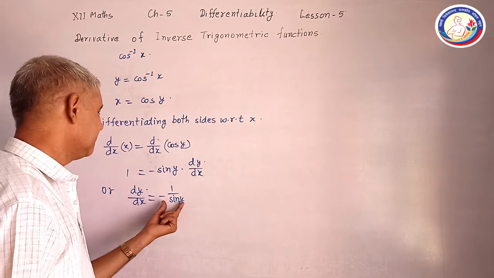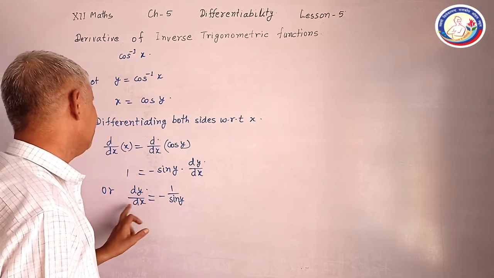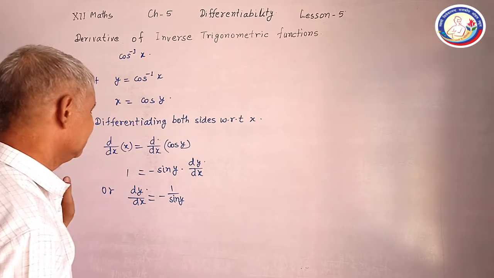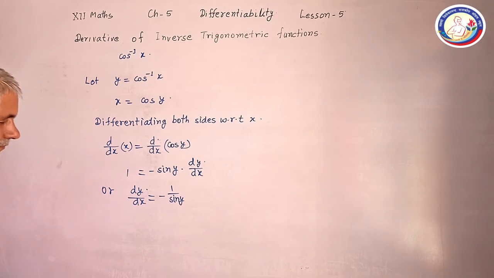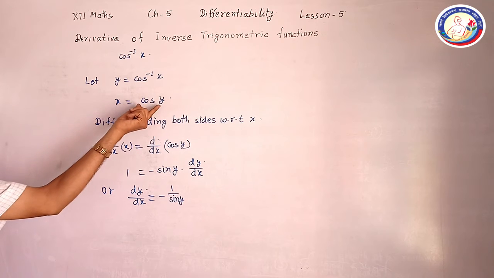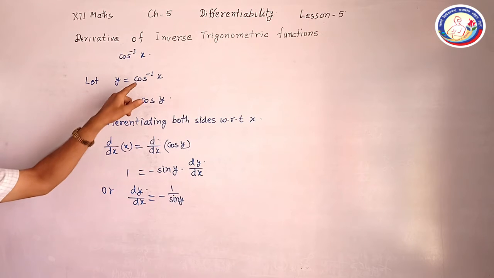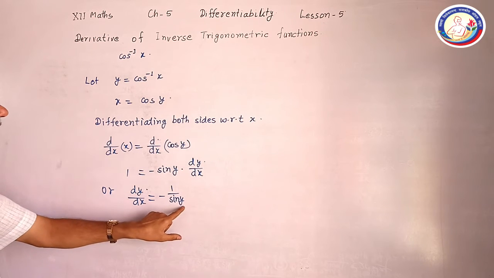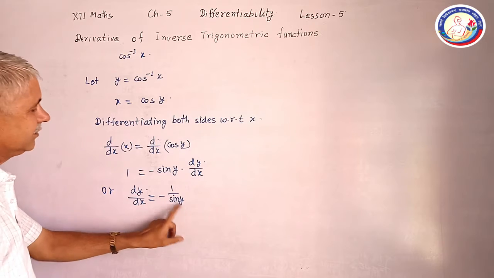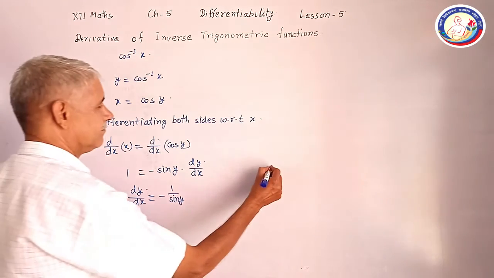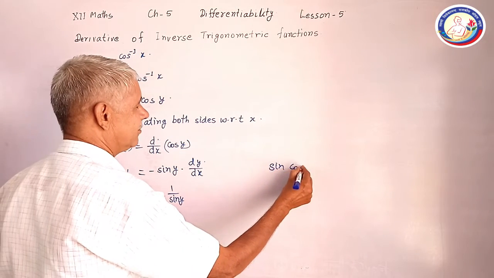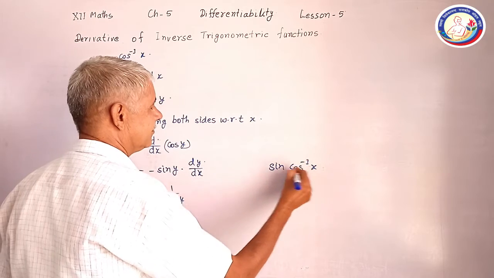Now express sin y in terms of x. See this relation here, this function here, y equal to cos inverse x. If we put here y equal to cos inverse x, then we get sine of cos inverse x.